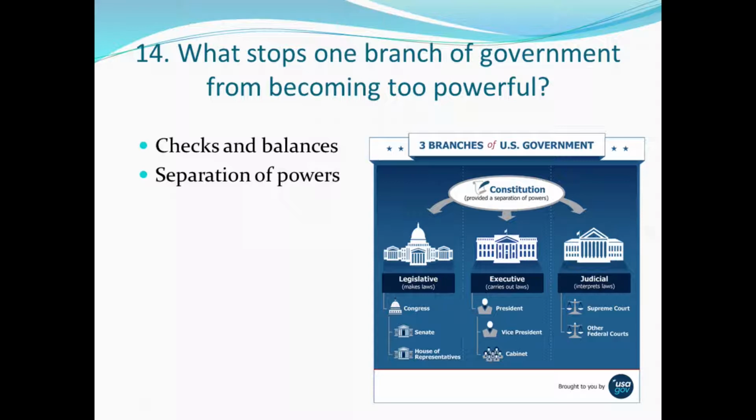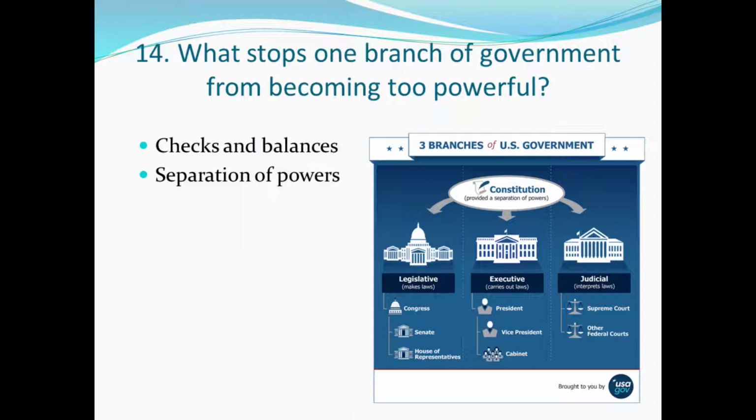The judicial branch is in charge of interpreting the laws that are made by the legislative branch and then enacted by the executive branch. They get to determine exactly how we follow those laws. They get to interpret how those laws are going to work in society. And they also get to see if those laws conflict with our constitutional rights.